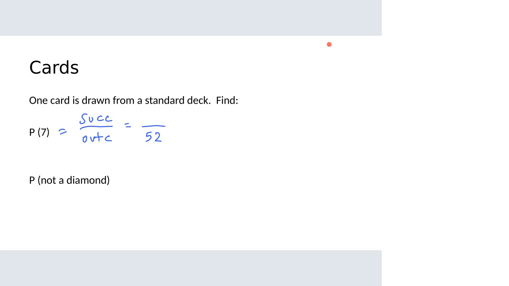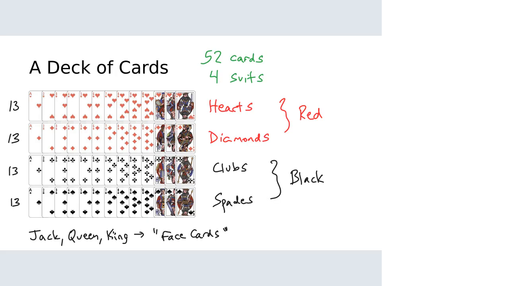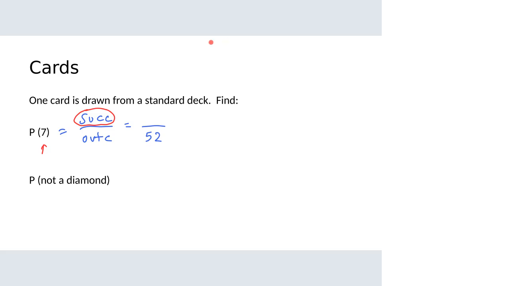And now what I need to know is how many successes are there? We'll go back and take a look. We want to know the probability of getting a 7. So let's see here. I have a 7 of hearts, 7 of diamonds, 7 of clubs, 7 of spades. There are 4 different 7s in the deck. So I have 4 successes out of my 52 outcomes.